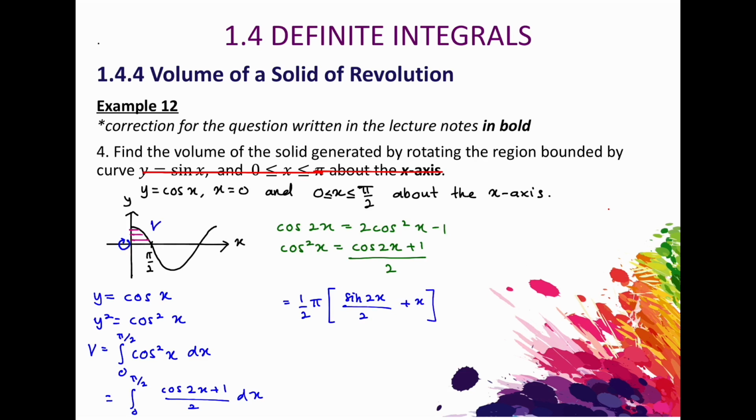The boundaries are from 0 up to pi over 2, and then substitute all the values. On the outside we have 1 over 2 pi, and on the inside we get pi over 2 minus 0, which is equal to pi squared over 4 unit cube.